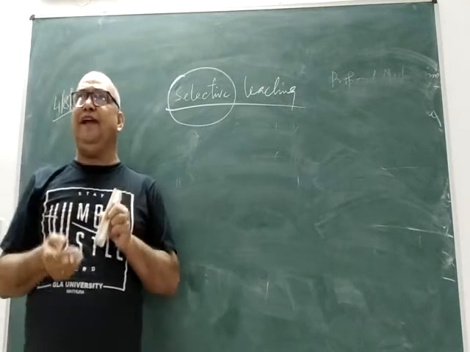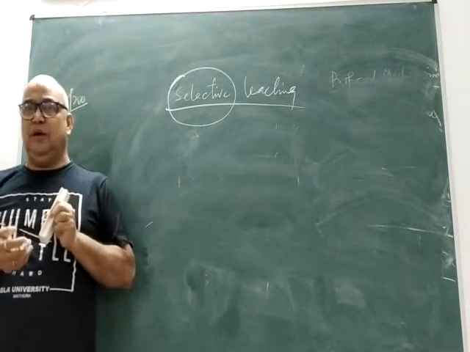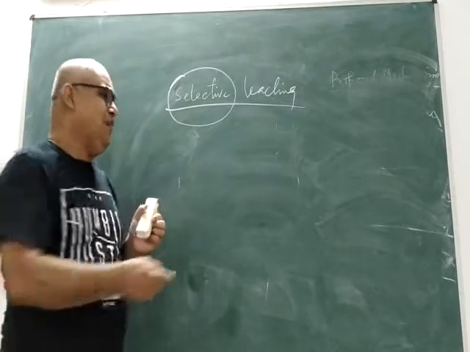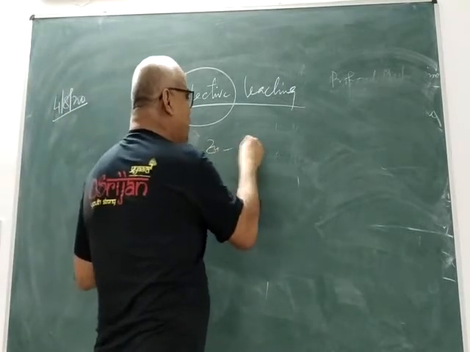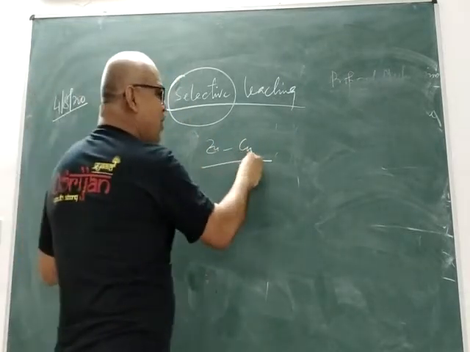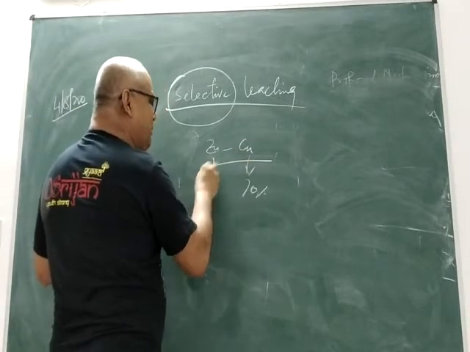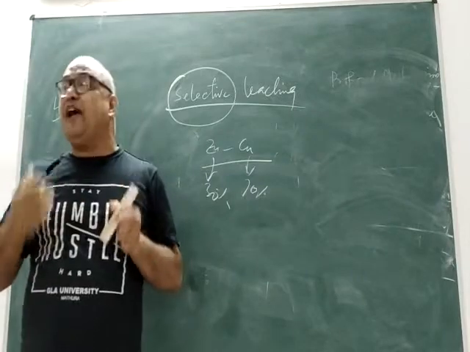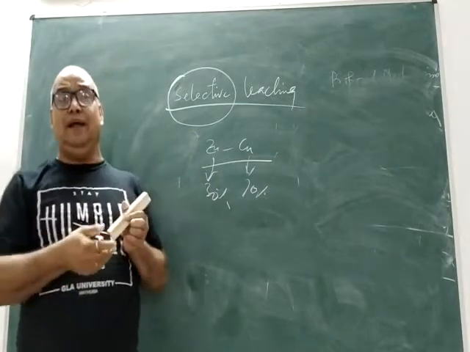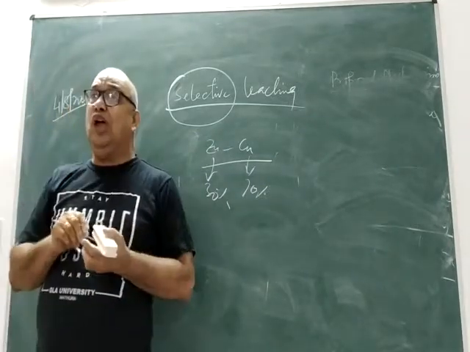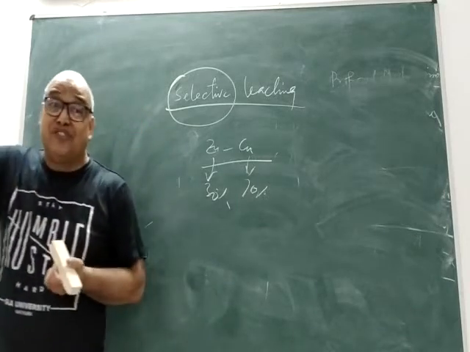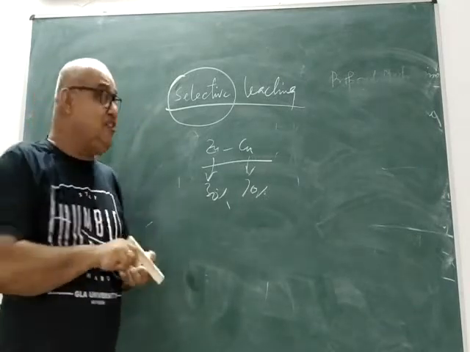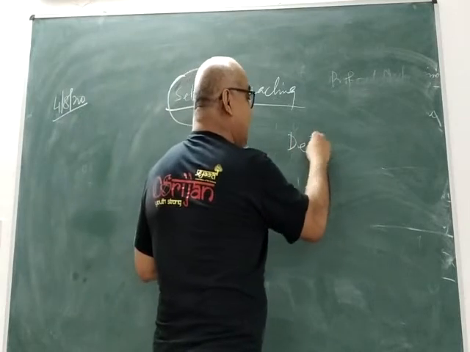If we talk about brass, you know it is an alloy of zinc and copper. Copper will be around 70%, zinc will be 30%. If alloying is not proper, sometimes the entire zinc may be selectively leached out of the alloy, and this is known as dezincification.